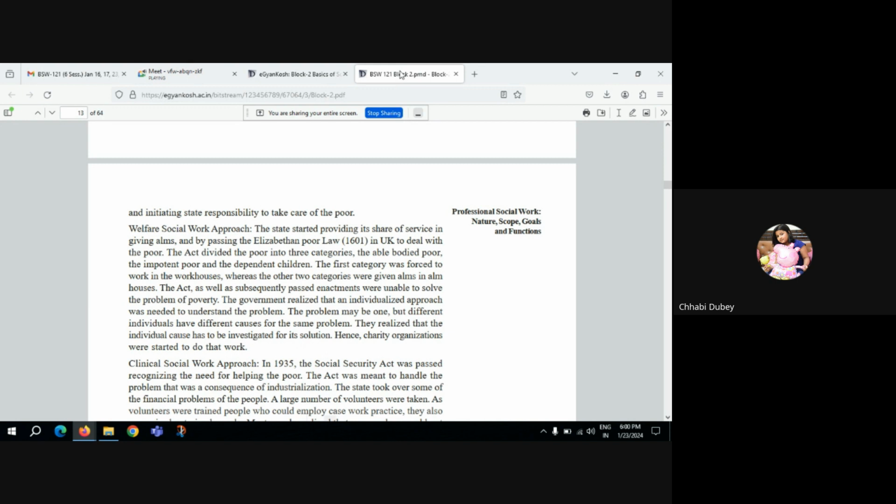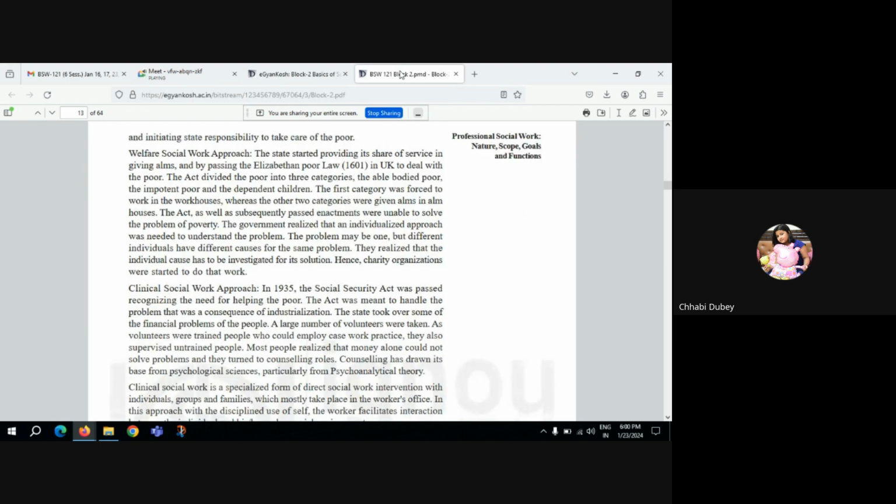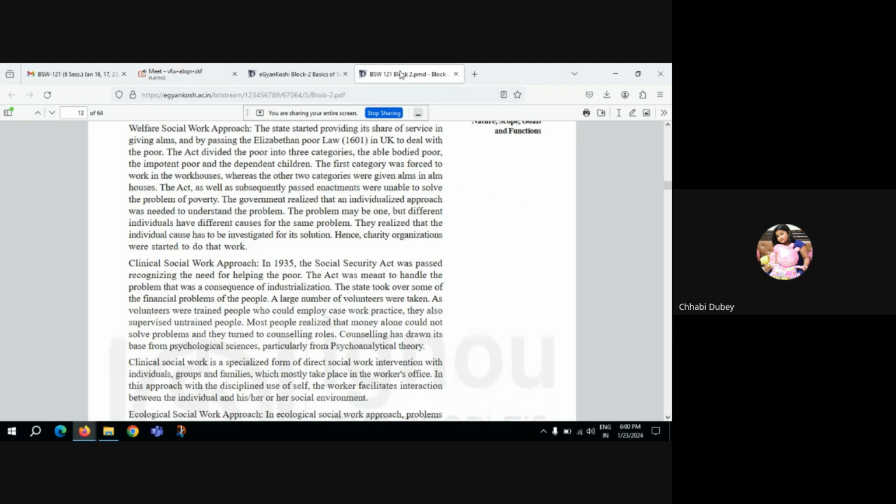So the state took over some of the financial problems of the people, and a large number of volunteers were also taken to work, and these were trained people who could employ casework practice, who could supervise untrained people. And most people realized that money alone could not solve the problems, and that is why they turned to the counseling roles.